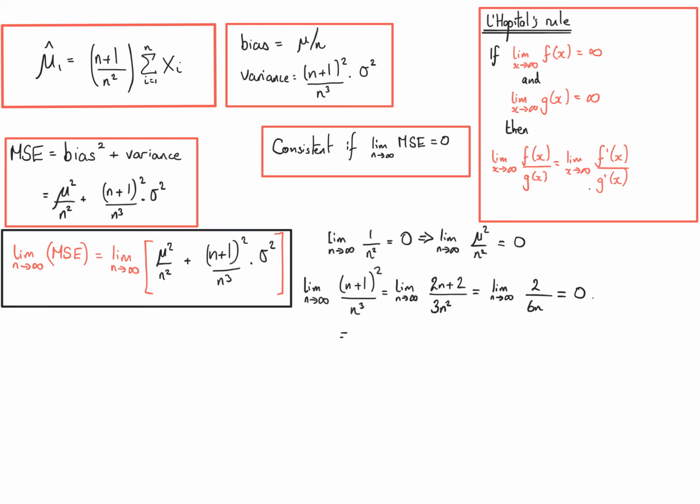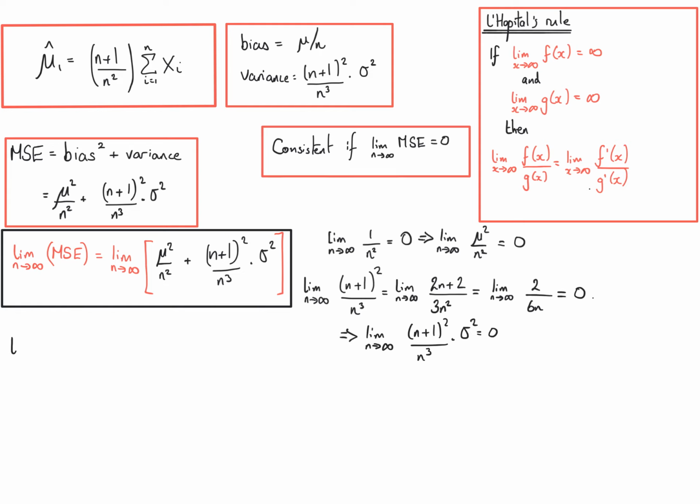So this also implies that since n plus 1 squared over n cubed tends towards 0 as n tends towards infinity, this whole term will tend towards 0. So the limit as n tends towards infinity of n plus 1 squared over n cubed times sigma squared is also equal to 0.